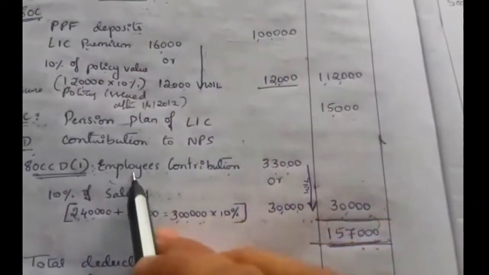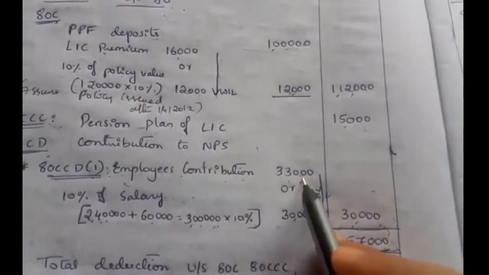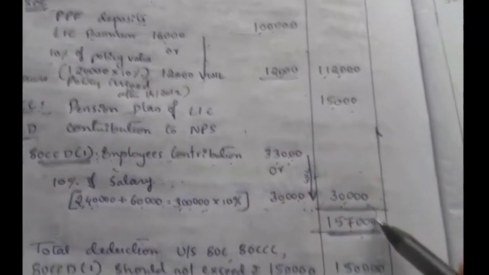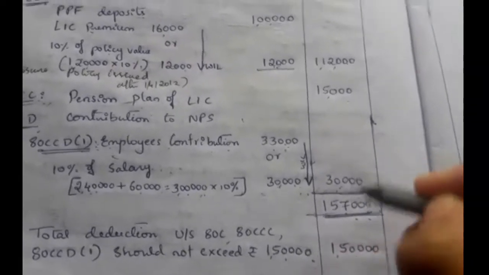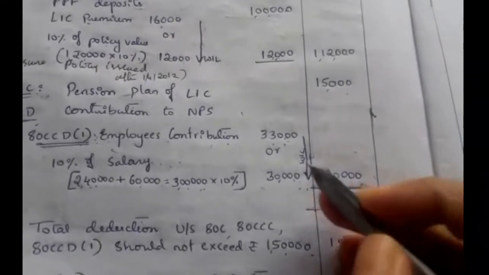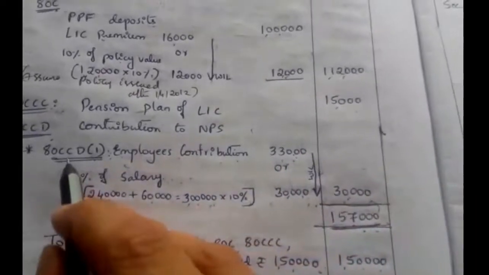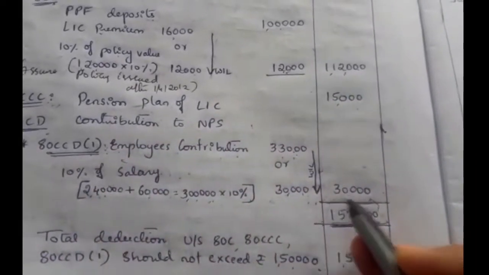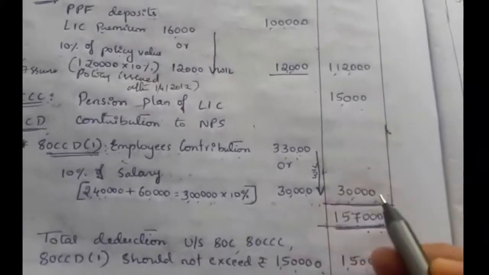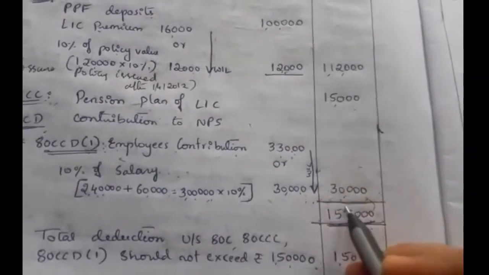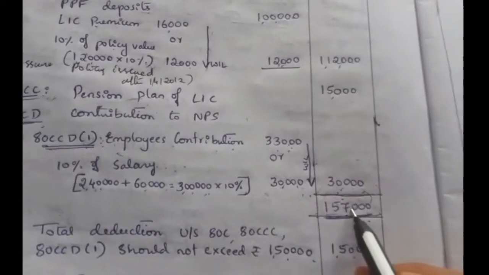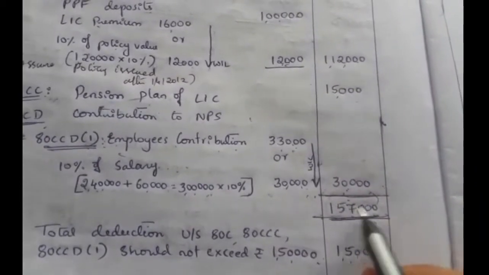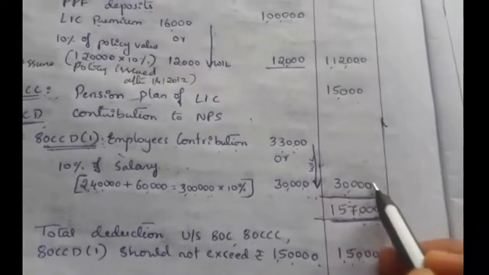Narendra's employee contribution to NPS is 33,000, but because of this claiming limit of 1,50,000, we have excluded 7,000 here.